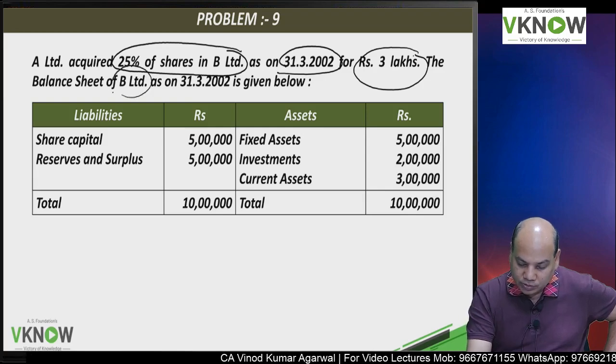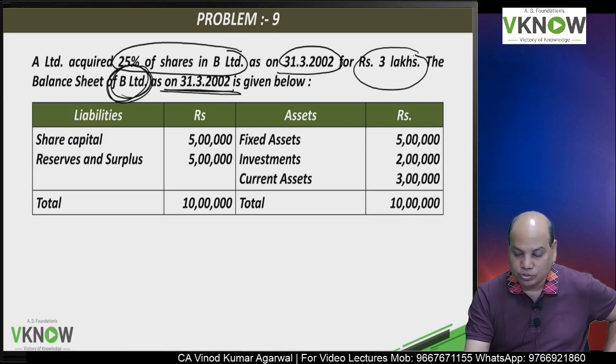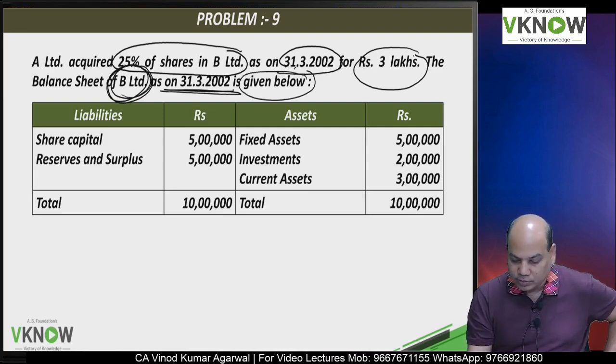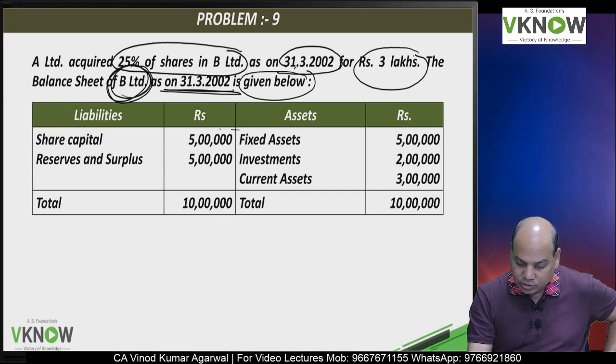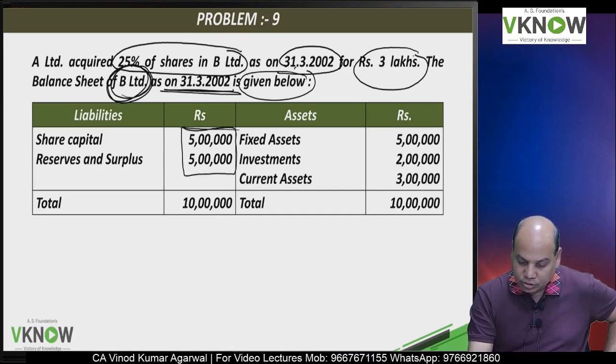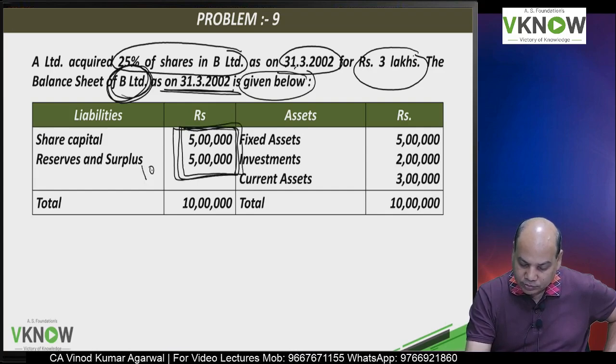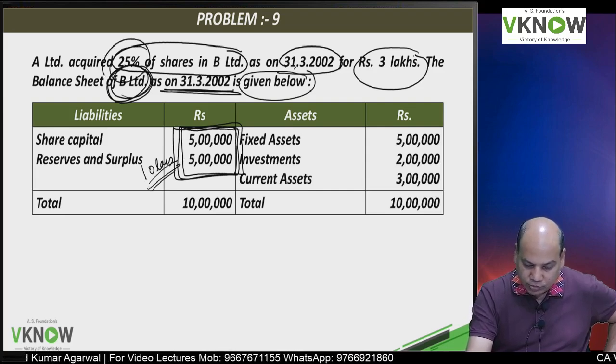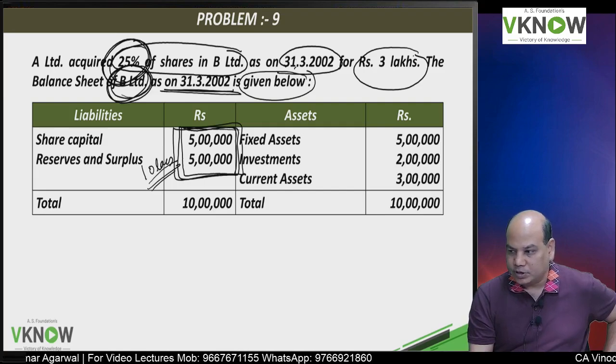The balance sheet of B, the associate, on 31st March 2002 is given below. So this is the balance sheet on the date of acquisition. You have 5 lakh share capital, 5 lakh reserve. So total net asset is 10 lakh, and you have acquired 25% of that.